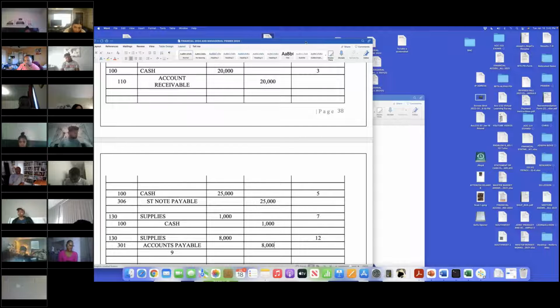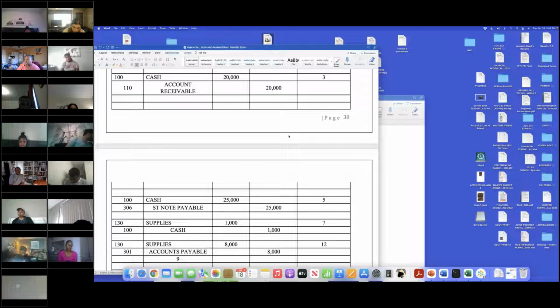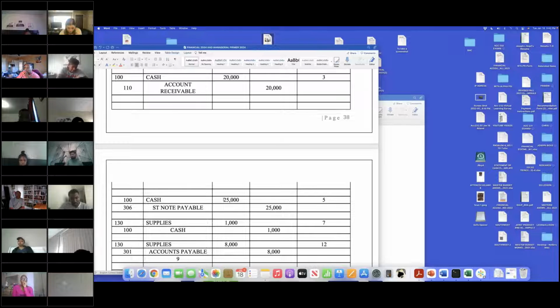They always got to be equal. You might have more than one account on one of the sides, but at the end of the day, the debits have to equal the credits in each transaction, as we saw when we bought that auto and we had the note for part of it. The debits must always equal the credits.